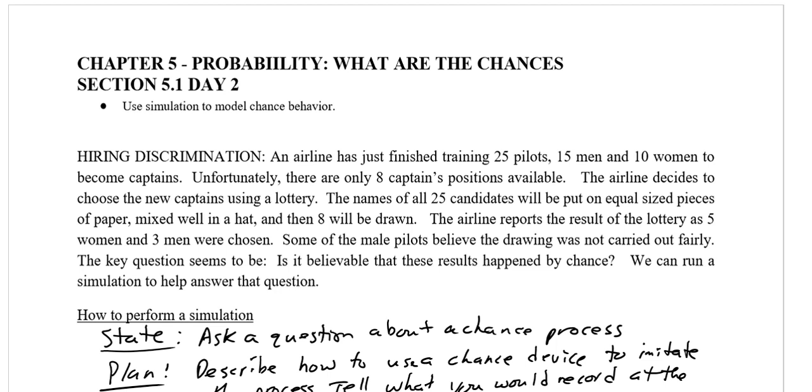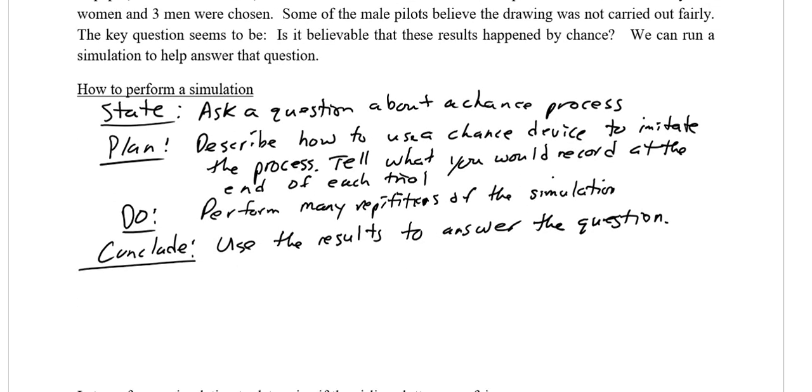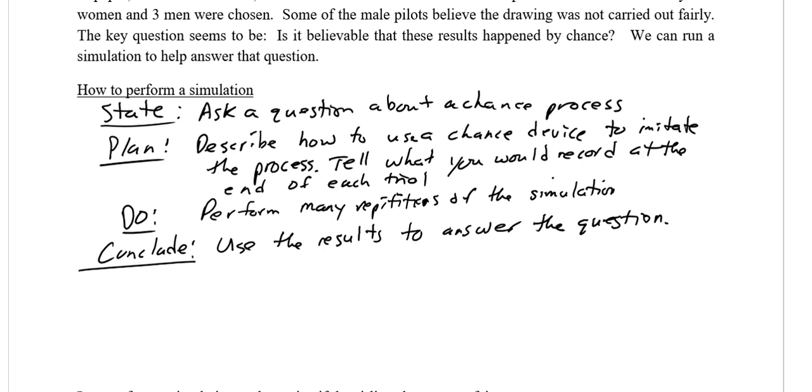Okay. So let's first talk about how to perform a simulation. We're going to use the 4-step process that we've talked about many times: state, plan, do, and conclude. And if you need to pause to get this written down, you certainly can. State: we're going to ask a question about a chance process.